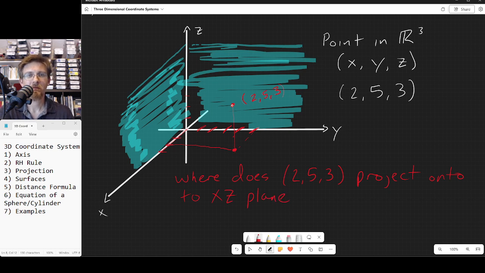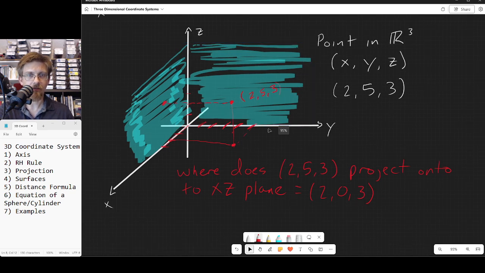Look at the xz plane. The xz plane is where y is equal to 0. So if we take this point and march it back along the y-axis until y is equal to 0, where does (2, 5, 3) project on the xz plane? It projects to the point (2, 0, 3), where y is equal to 0.